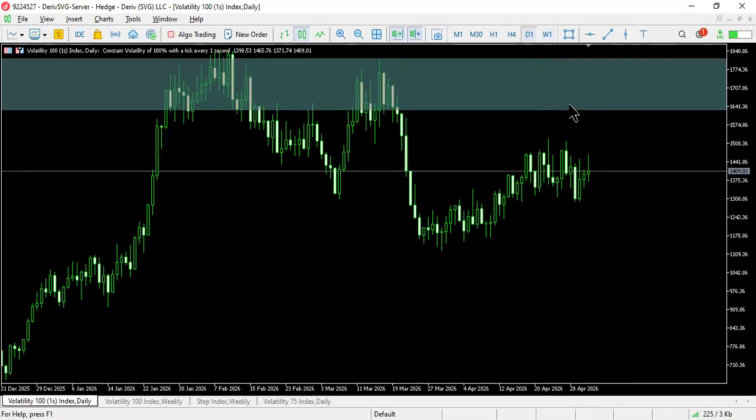Now heading over to the daily time frame. So from the daily time frame, we have this break of structure right here.